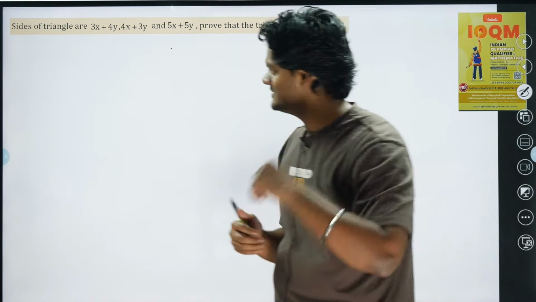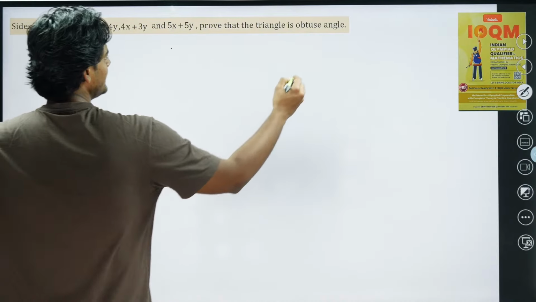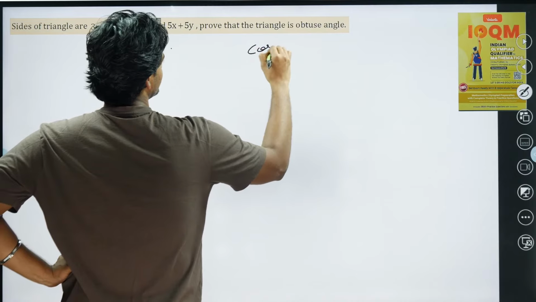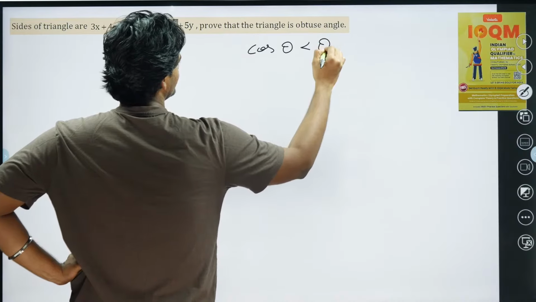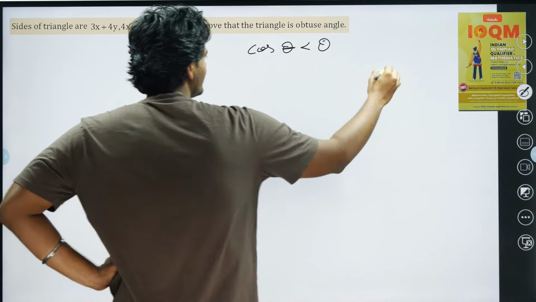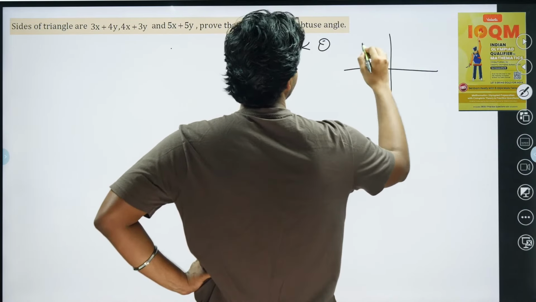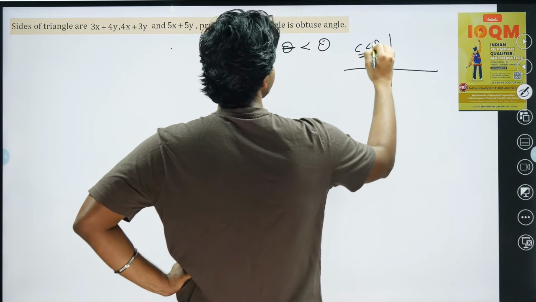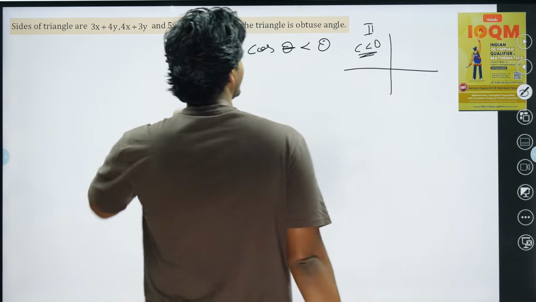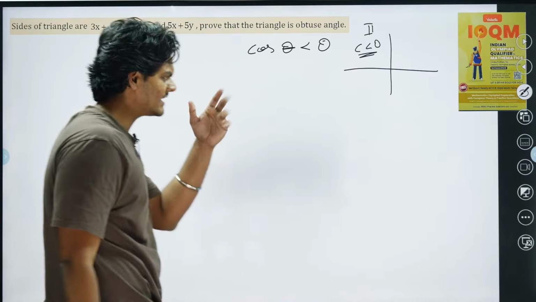Cos is negative when the angle is obtuse, right? So you see cos theta is less than 0 when, in the second quadrant, right? That's what we'll use.